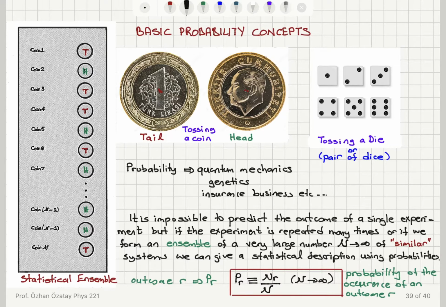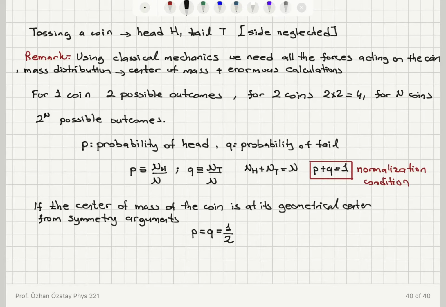For N dice, it's going to be 6 to the power N possible outcomes. So it's analogous to tossing coins.